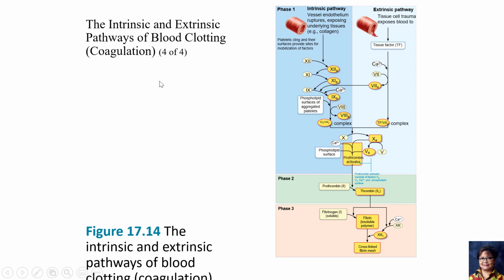The moment thrombin, here in phase 2 of blood clotting, is released, it is going to convert fibrinogen into fibrin. You're going to have blood clotting. For as long as thrombin is around, it's going to be converting every fibrinogen it encounters into fibrin.